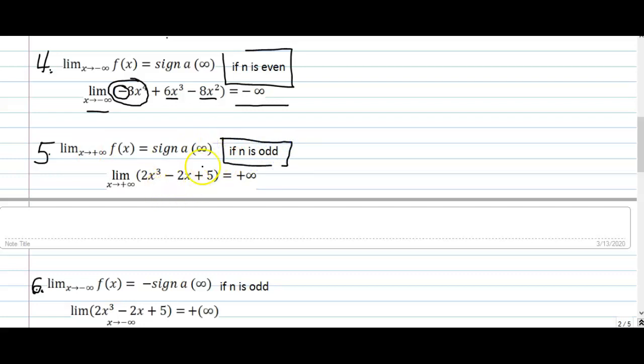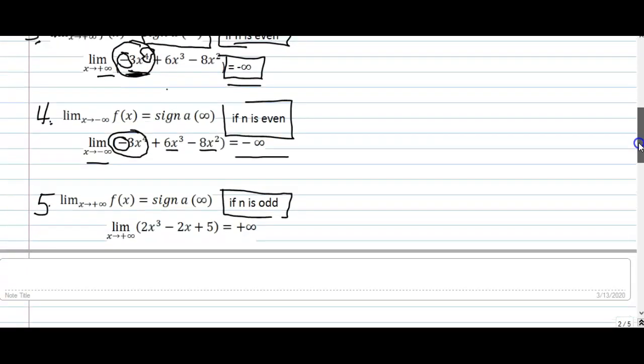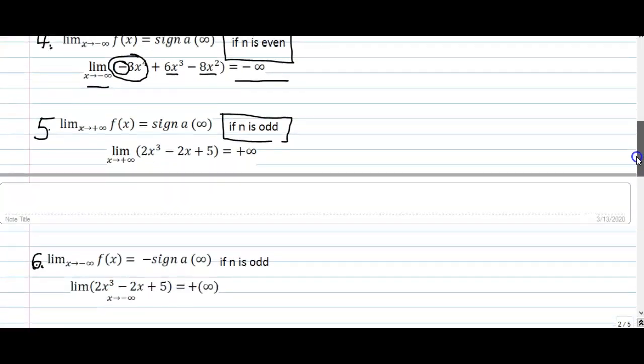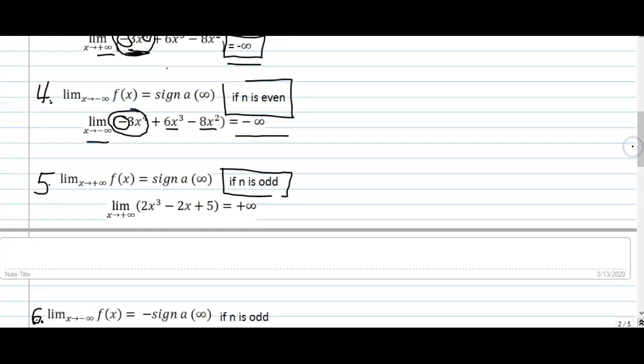Basically this one is very much like rule number one, but we have to be careful and take into account the sign of the constant in the leading coefficient.